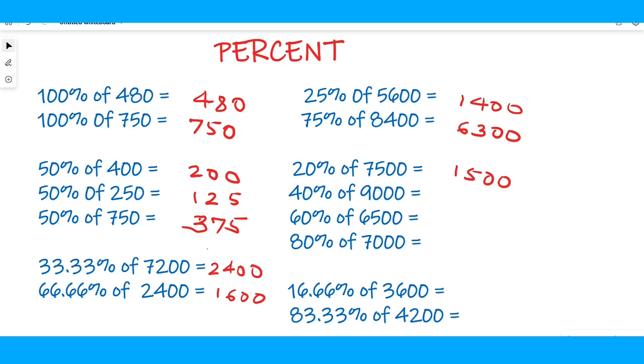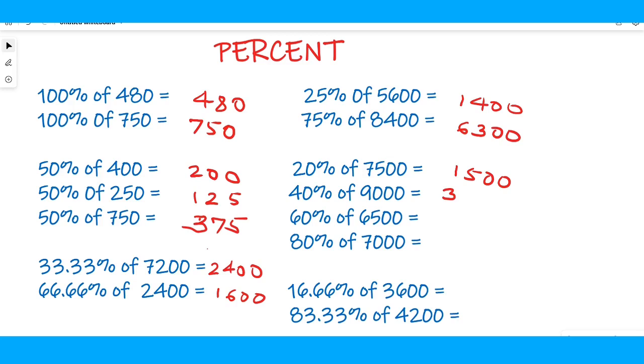40% is 2/5. 40% of 9000, and first we have to find the 1/5 of 9000. 1/5 of 9000 is 1800, and double of it is 3600. So 40% of 9000 is 3600.